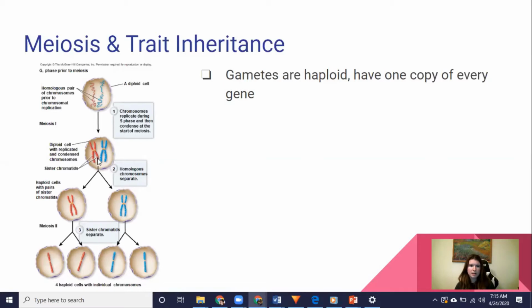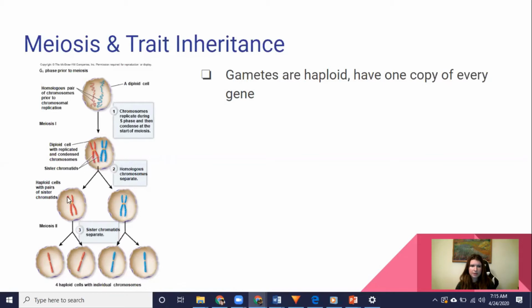So we see this here in meiosis 1. So we have two chromosomes still, but every chromosome has a double copy of every gene. So this right leg and left leg of the red chromosome are exactly the same as each other. Same thing with the blue chromosome. Red and blue here are a homologous pair.